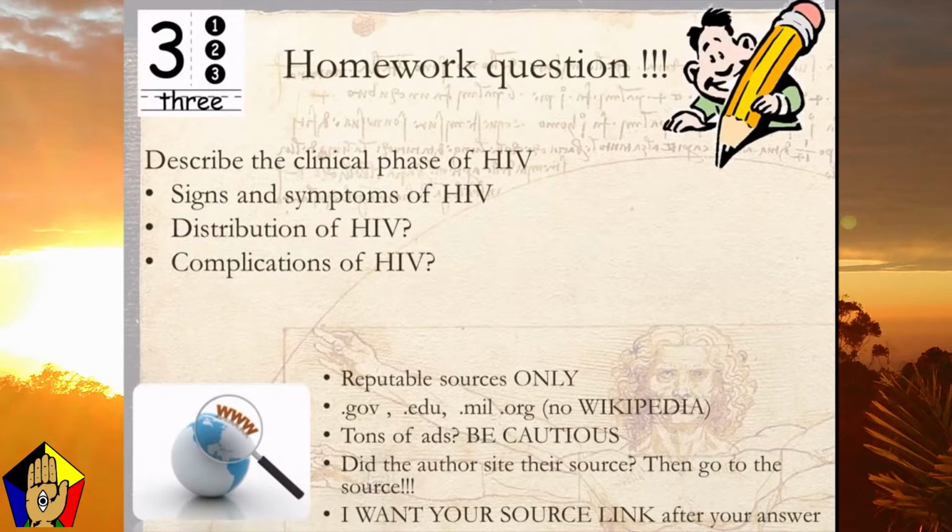So the next question you're going to want to write down, question number 3, is describe the clinical phase of HIV. So I want to know the signs and symptoms, the distribution of HIV, and the complications that come along with HIV. So again, layperson's terms. Don't give me super technical. When I'm asked for signs and symptoms, what are the signs and symptoms that usually bring them to the clinic? What's the distribution? So what parts of the body does it affect?